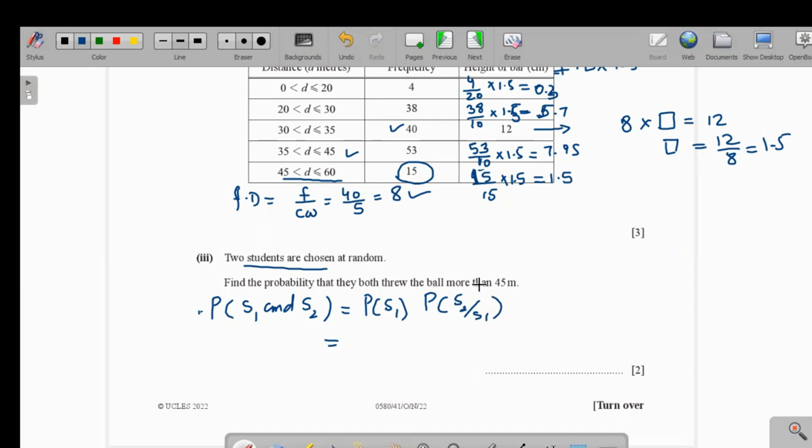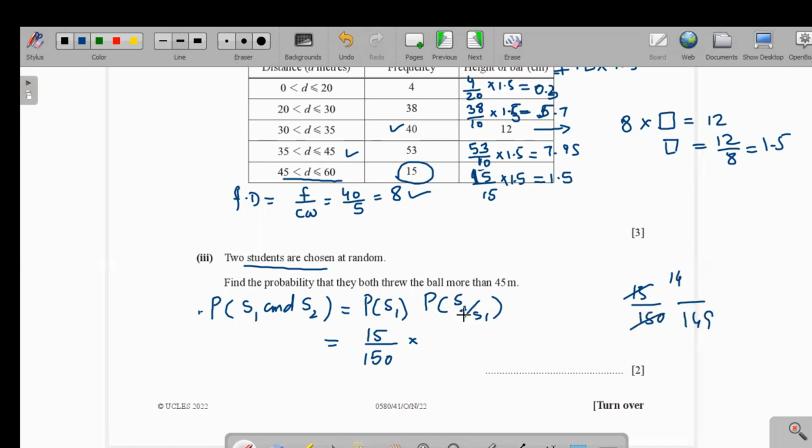Now you see here, the probability is the possible number of outcomes divided by total outcomes. Here the number of students is 15 out of total students, 150, and therefore 15 out of 150. When one student is chosen, the remaining students become 14, and the total students become 149.